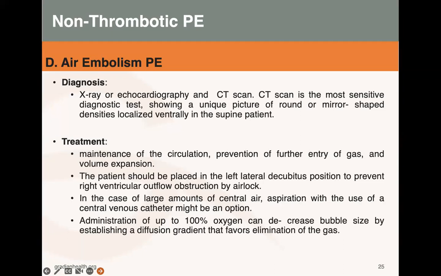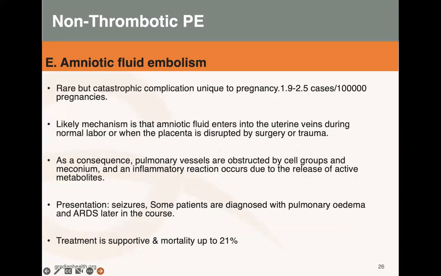The patient should be placed in left lateral decubitus position to prevent right ventricular outflow obstruction by the airlock. But in case of a large amount of central air, you can do aspiration through the central venous catheter. Administration of up to 100% oxygen can decrease the bubble size by establishing a diffusion gradient that favors elimination of the gas. Next slide, please.